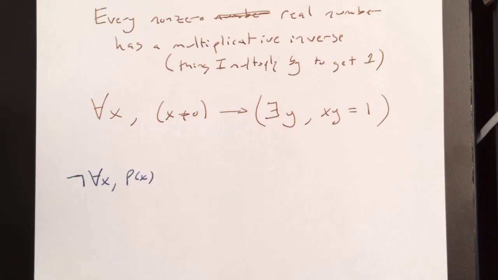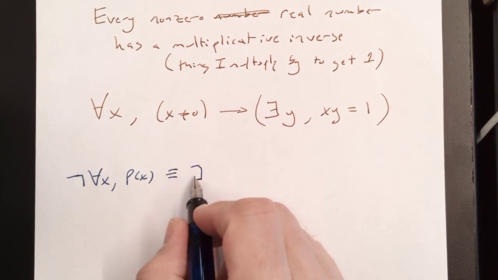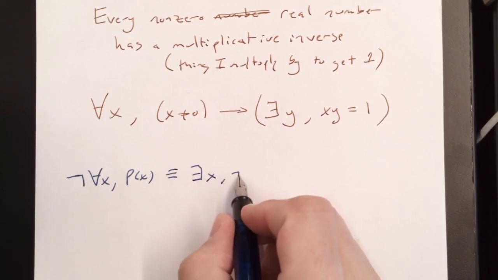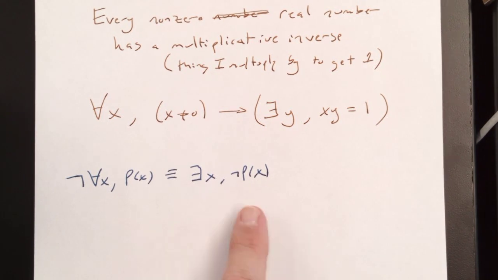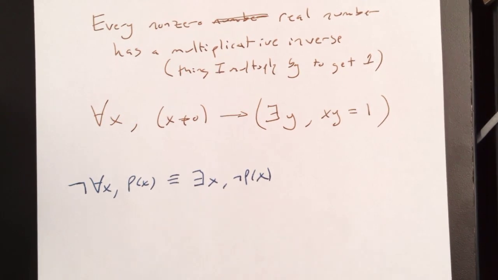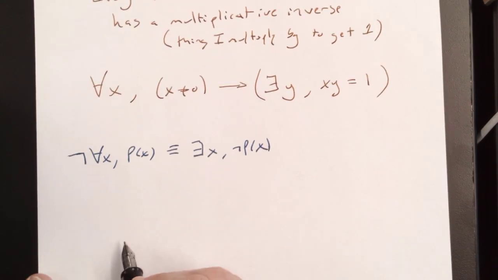Ian. So the opposite of everyone has a best friend is there is someone who doesn't have a best friend. When I negate compounded or nested quantifiers, I negate them one at a time.